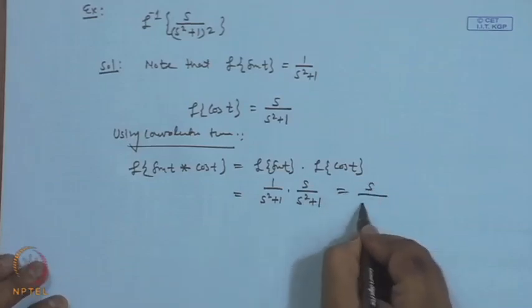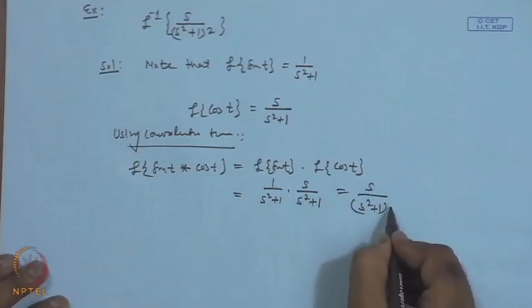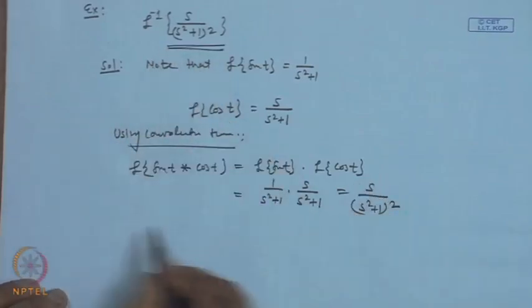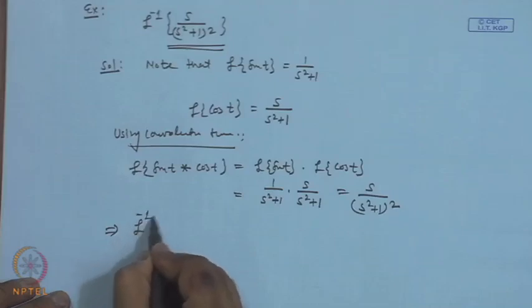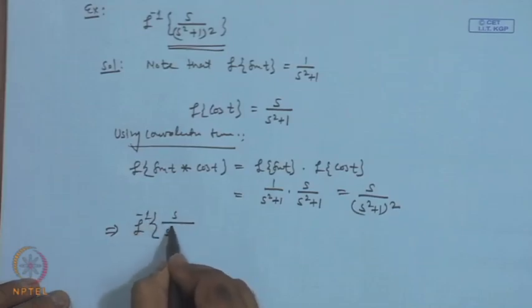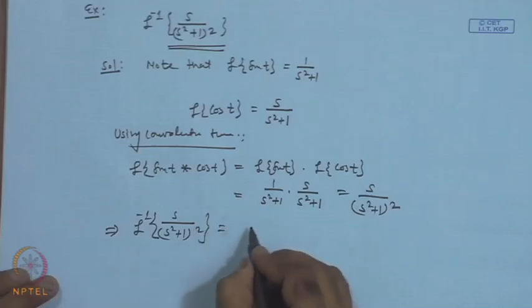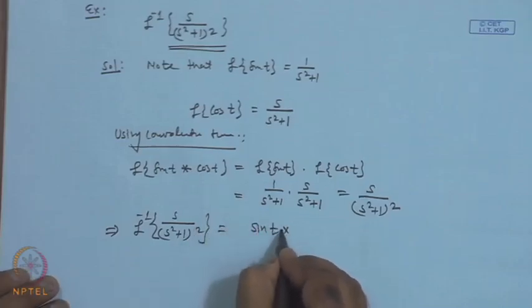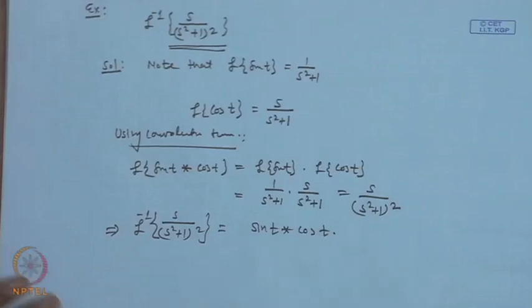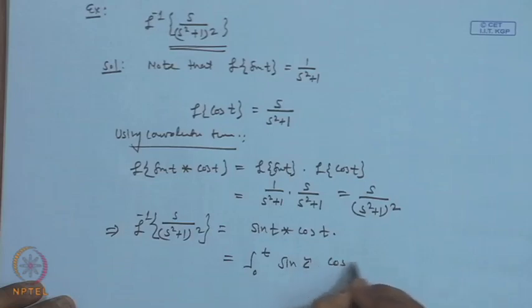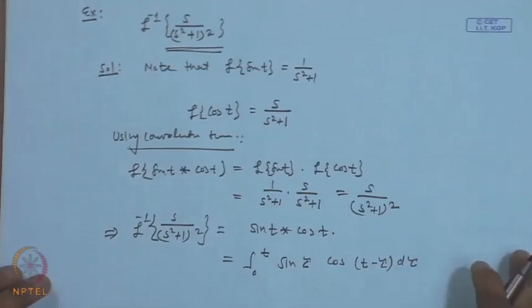That means s over (s square plus 1) whole square, and this is the function we want to get the inverse of. So, this implies simply that the L inverse of s over (s square plus 1) whole square is the convolution of sin t and cos t, which is given by the integral from 0 to t of sin tau cos(t minus tau) d tau.